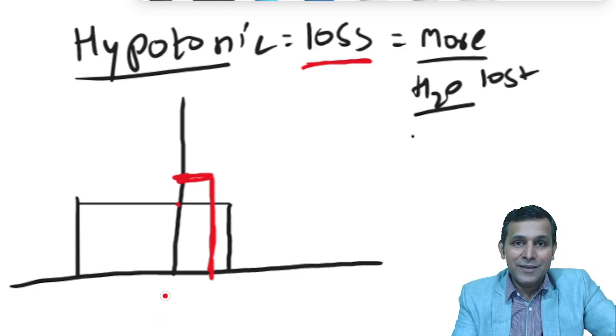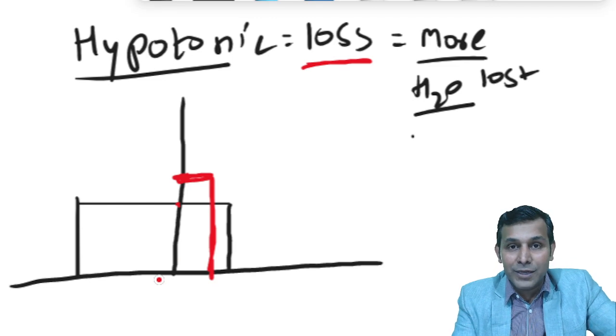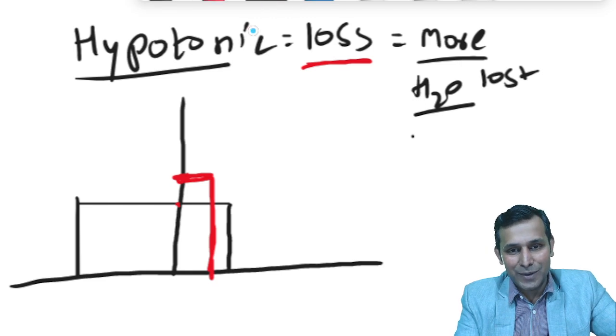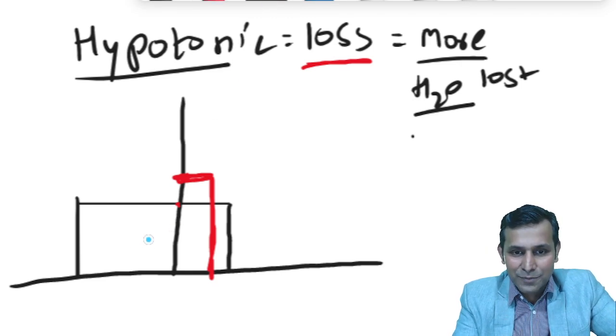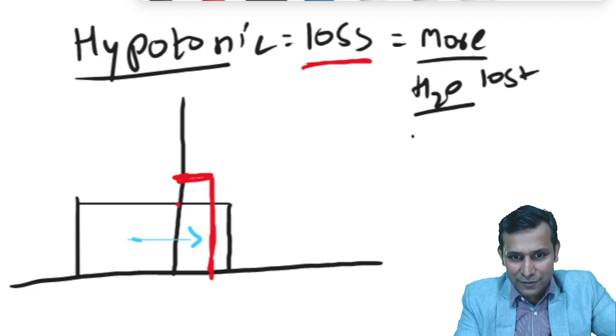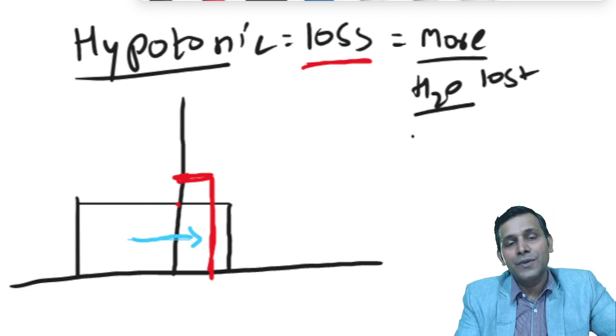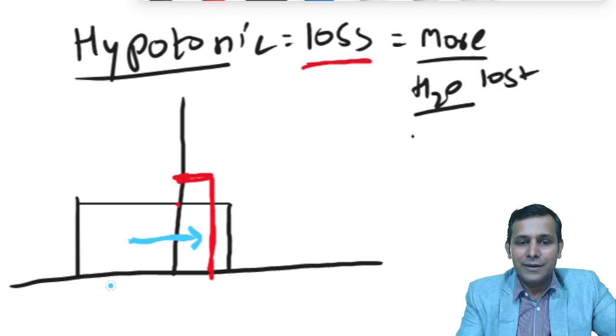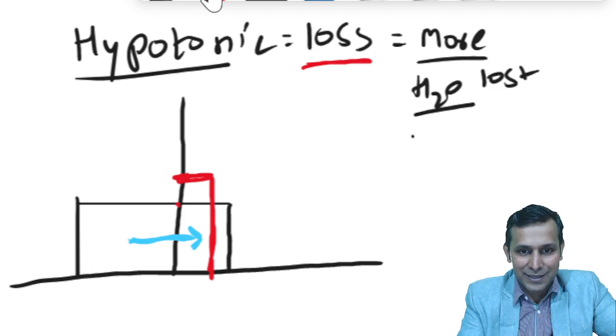And we always go with one principle, that fluid always shifts from hypo to hyper. So water moves from ICF to ECF. And because water is moving from ICF to ECF, the ICF volume will decrease.